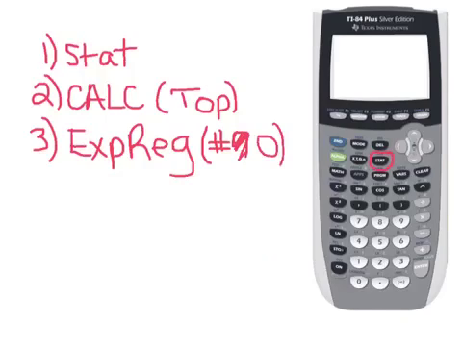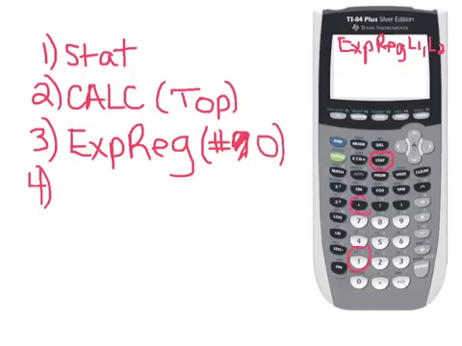Okay, so once you choose exponential regression, you are going to have to tell the calculator what lists your data are in. On my calculator, it'll bring me back to the main screen. Not everyone's does this, but I have the older version of the calculator, so I'll tell the calculator my data is in list 1, comma, list 2. List 1 can be found by pressing second and 1.